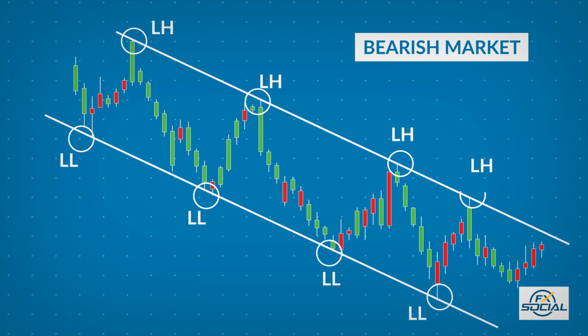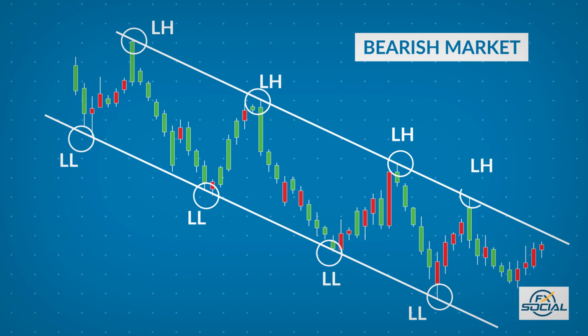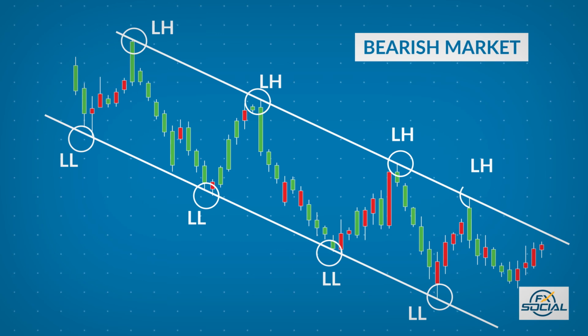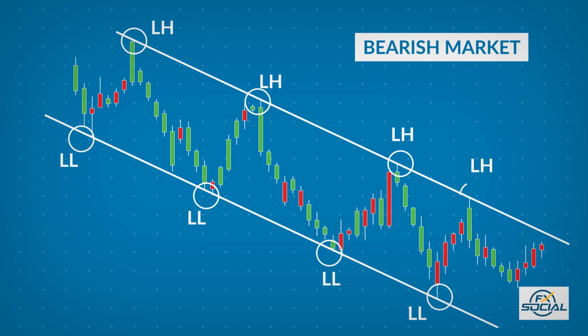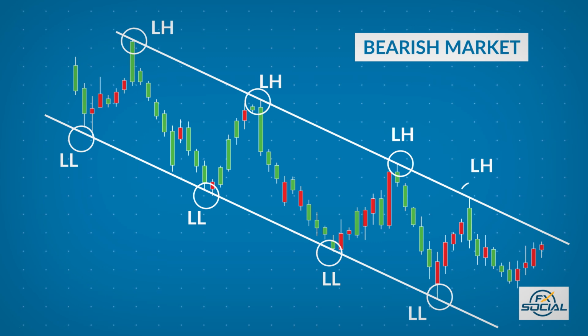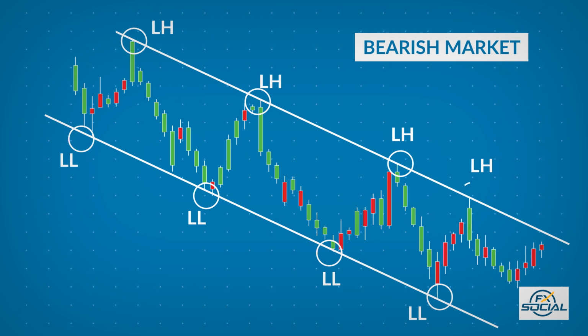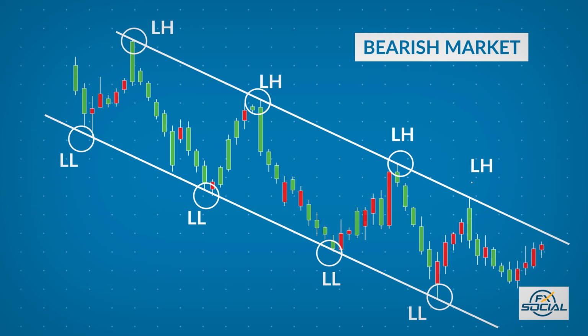Price went up, created a high that is lower than the previous high. We can tag it as lower high. This is another lower low. Here is another lower high. You can see that the market structure is bearish because it continues to print a series of lower lows and lower highs without breaking above the previous highs.